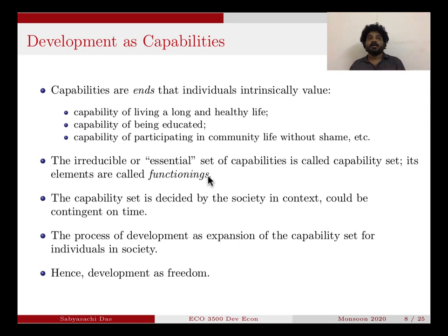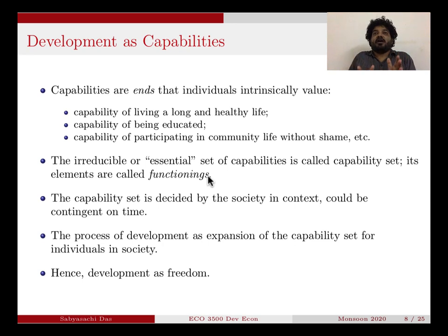So, for example, today having access to internet is going to be essential to have a good education. Therefore, having access to internet might be an important functioning in the capabilities. And so the way to think about the process of development is to think about expansion of this set of capabilities for individuals in society.